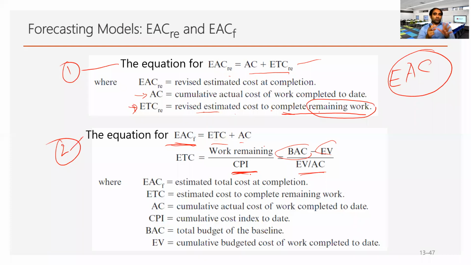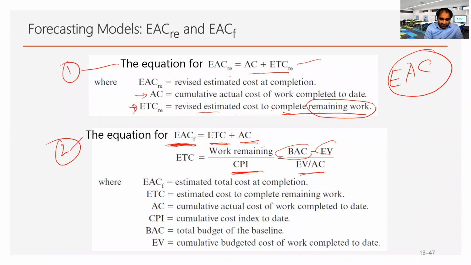So what is the overall performance of the team up to the end of period 7, which we can gain from CPI. Work remaining divided by CPI helps us in calculating EACF. So EACF, the forecasting estimated cost at completion, is ETC plus AC.